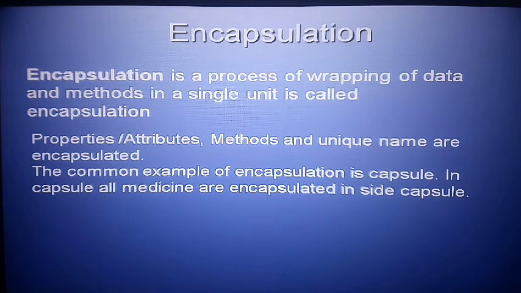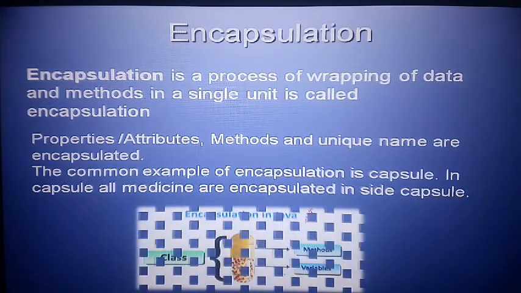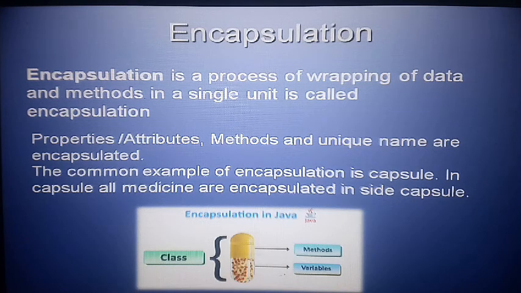The common example of encapsulation is a capsule. In a capsule, all the medicine is included inside the capsule. In programming terms, the capsule is a class, and it has methods and variables. So these are encapsulated in a single unit.